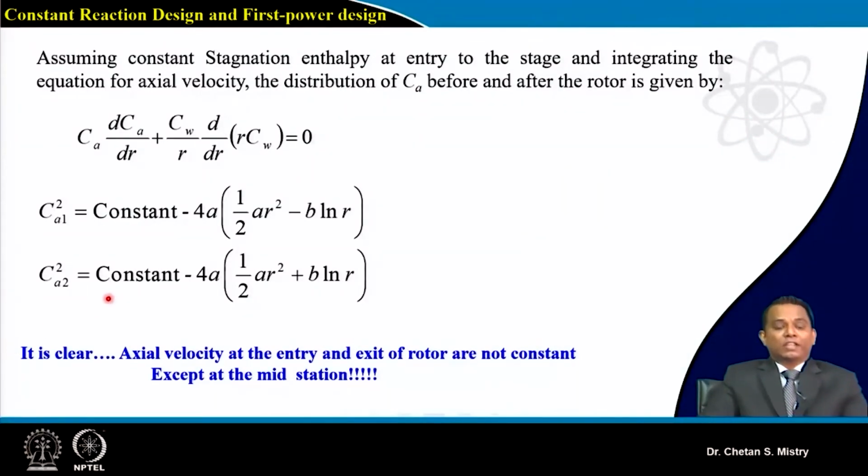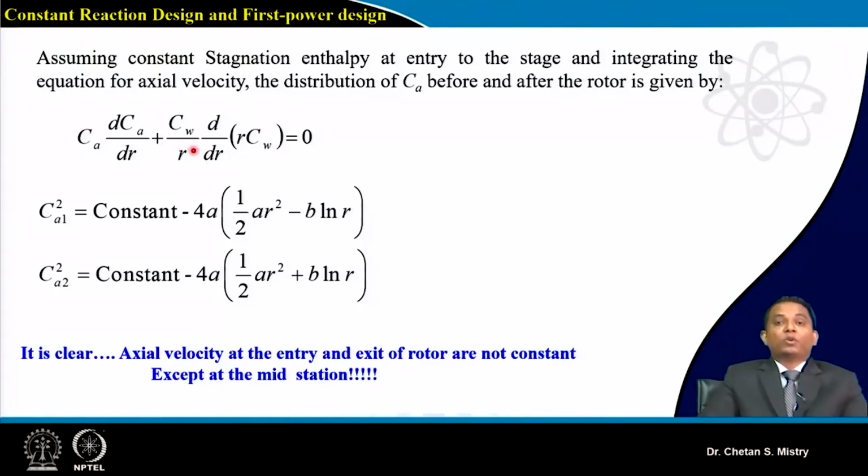So here let's assume constant stagnation enthalpy at the entry of the stage, and if we integrate that, using our vortex energy equation, we will get the formulation for the variation of axial velocity.